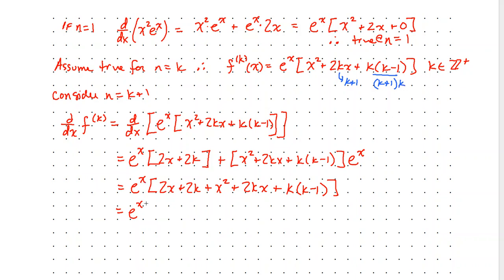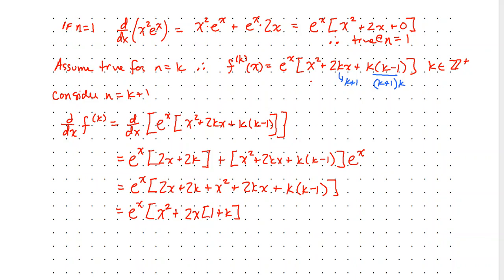So working through, I've got x squared, so the x squared stays. That's good. Then I have a 2x and a 2k and a 2kx. So I'm going to factor out a 2x, and that's then going to give me a 1 plus k.